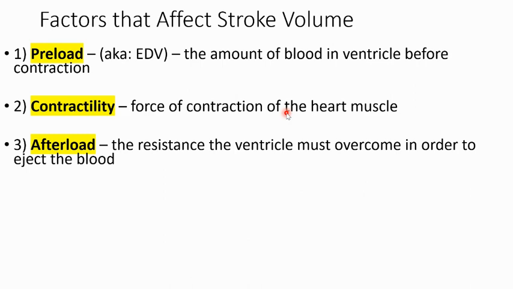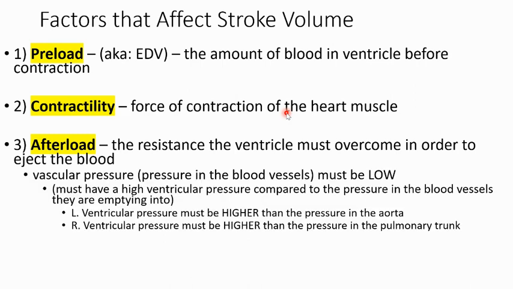So if you've got, for instance, clogged arteries, and your ventricles are trying to push blood out through an artery that's now narrower than it should be because it's full of plaque, that ventricle is going to have a hard time getting the blood out of the heart because it's got to overcome that resistance into the blood vessel it's going into. So that's what we're talking about with afterload.